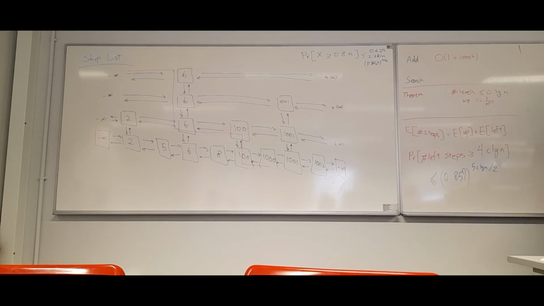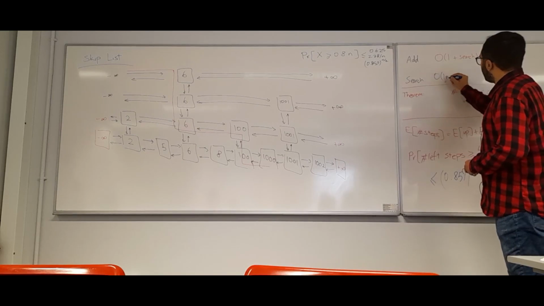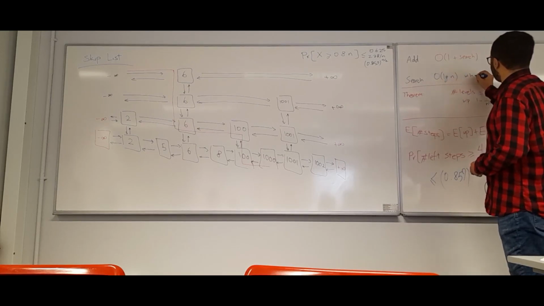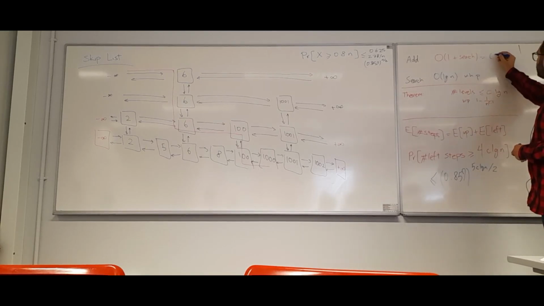So just combining these two, with high probability, I can say that my search takes O(log n) time with high probability. Because c and 5 are just constants. Right? And my addition took constant time plus the time for search. So this is also O(log n) with high probability.